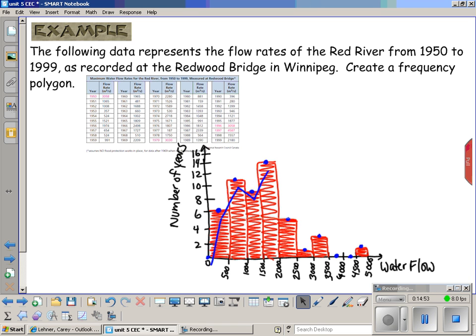So we're joining the lines of the midpoints, and we have now created our frequency polygon. We could take the histogram out of there, and we would just have our overlay of the line. And the nice thing about the frequency polygon is that you could compare more than one set of data on the same graph, just using different colors for the lines.